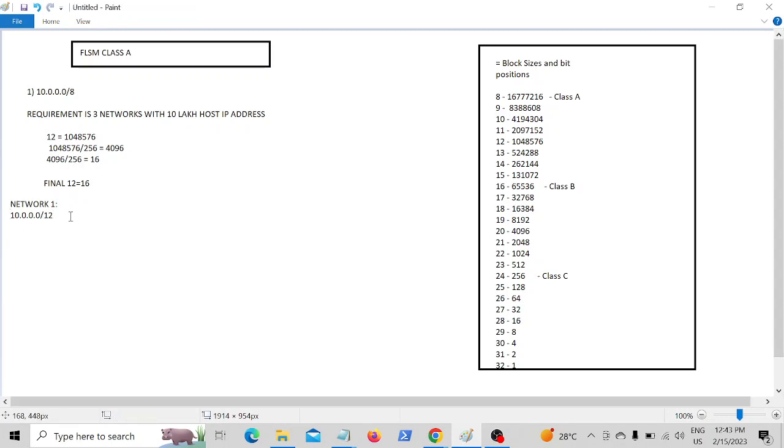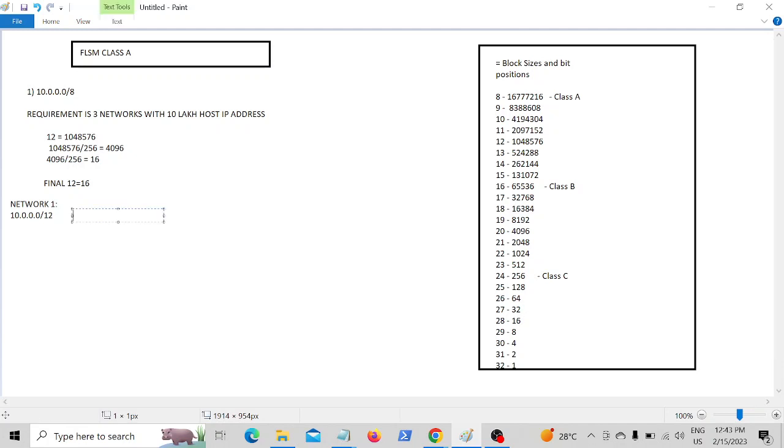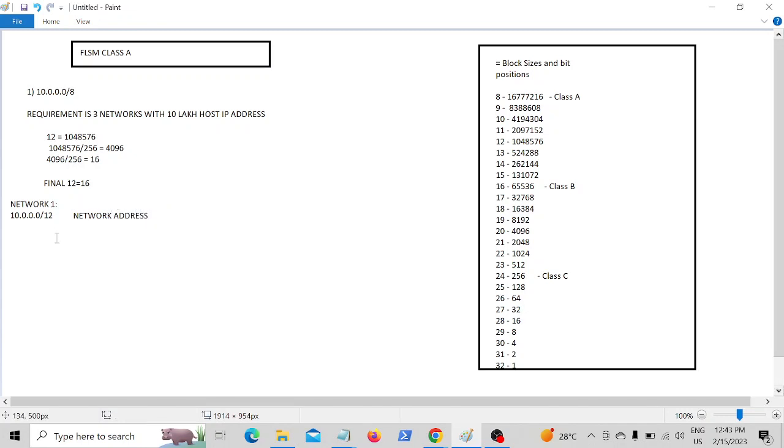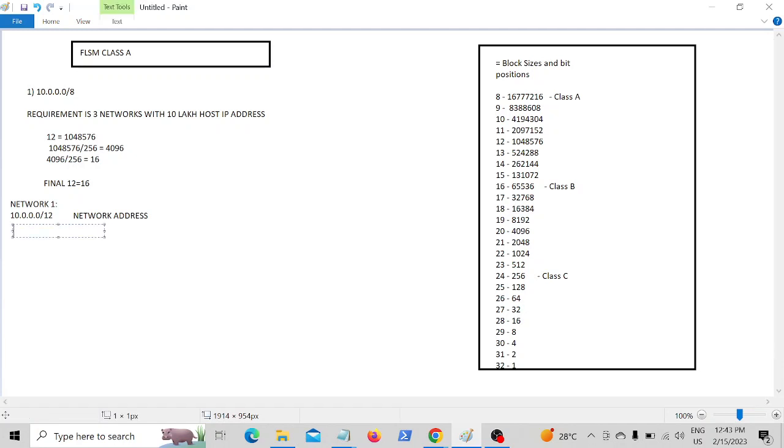Next, this is the network address. Next, 10.0.0.1 will be the first host IP address.